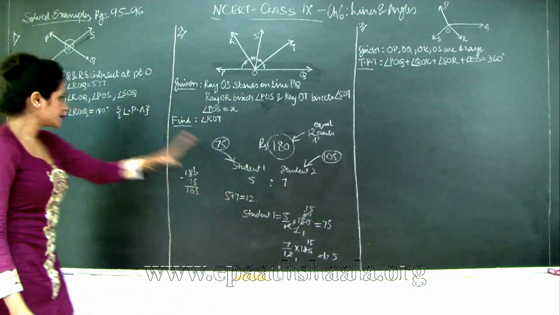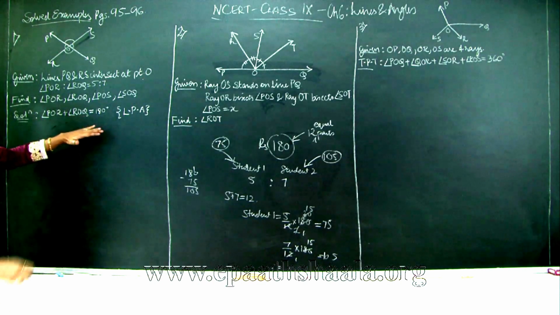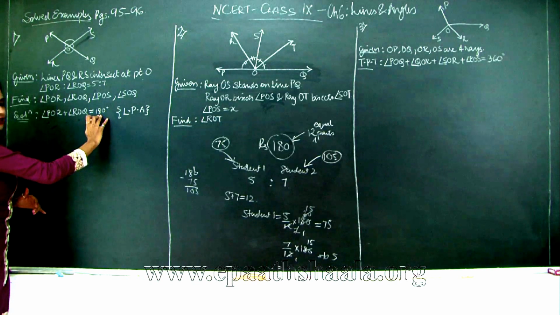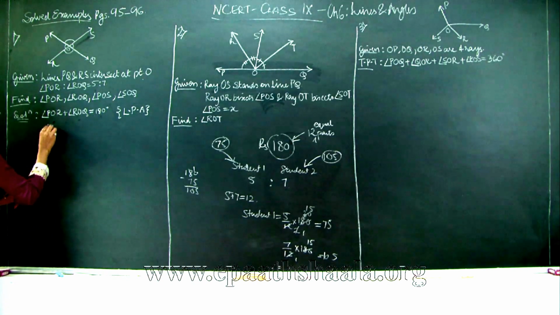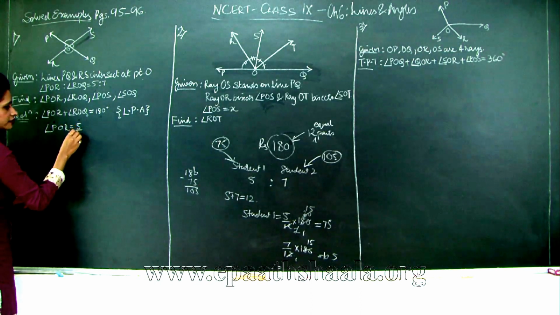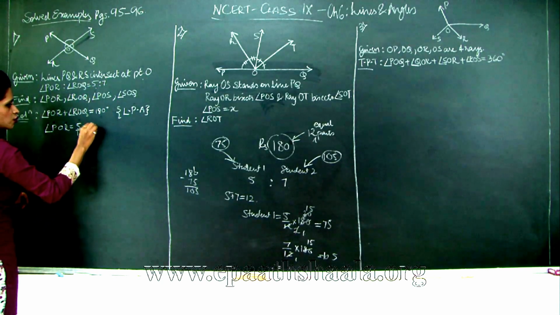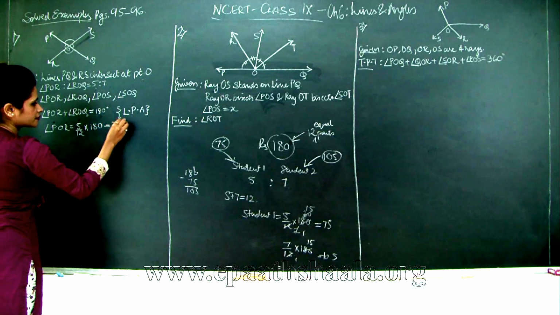The same concept is applied over here, wherein there are two angles in the ratio 5:7, and when you add them up, it's 180 degrees. So now POR is going to be 5/12. Why? Because 5 plus 7 is 12. 5/12 into 180, which we saw is 75 degrees.